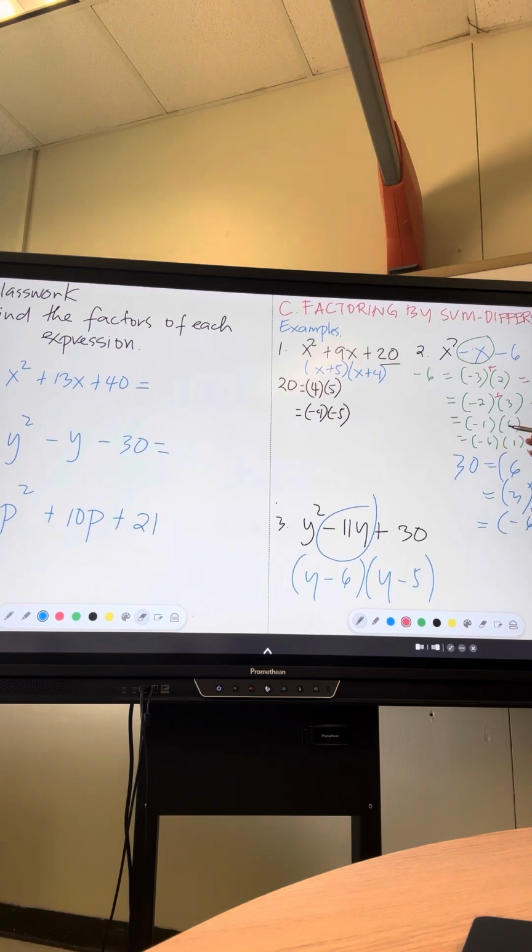The other one, negative 1 and 6, if you add them, gives you positive 5. The other one is negative 5. Okay, which of the following factors is suited to this problem? You are going to use negative 3 and positive 2. So the factor of this problem is x minus 3 times x plus 2.